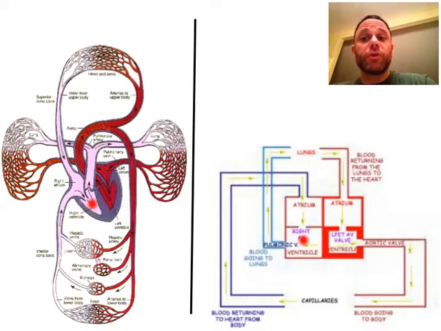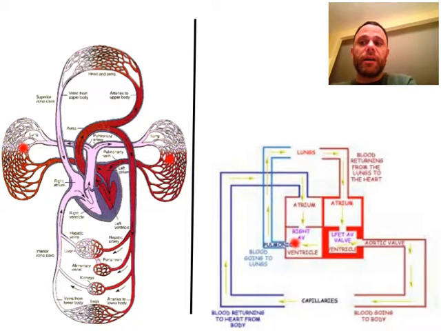Right ventricle squeezes, and the illustration on the left side shows the reality. Blood is going to go up through a trunk in the heart to the pulmonary arteries, and those are two. They're going to then split off to go to both lungs, the left and the right.